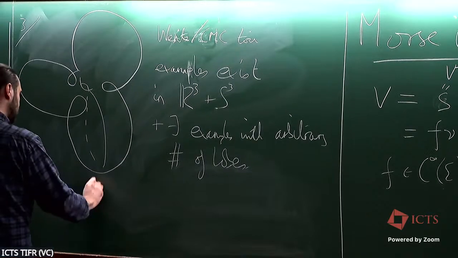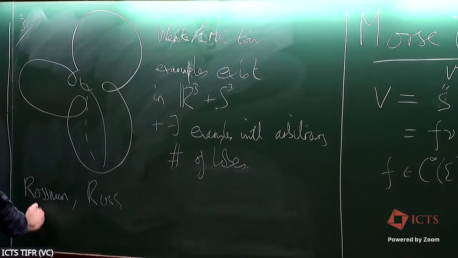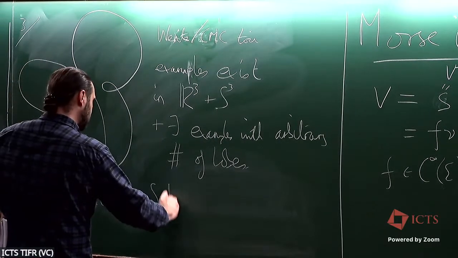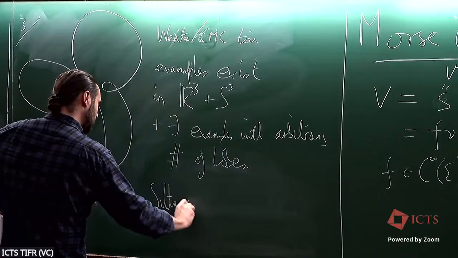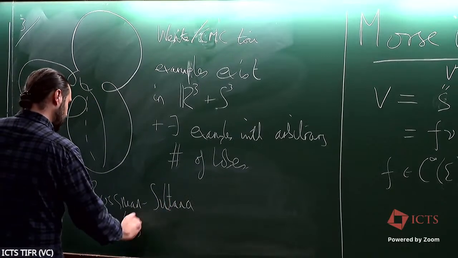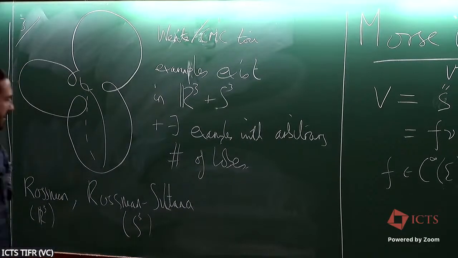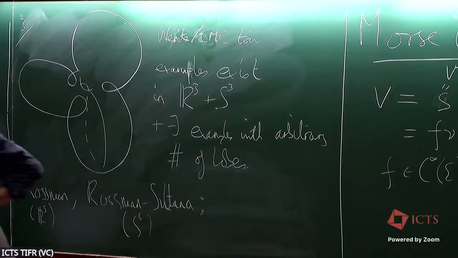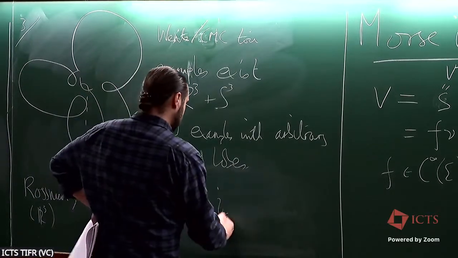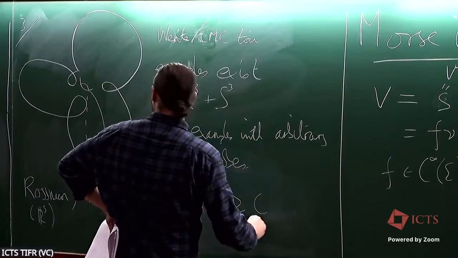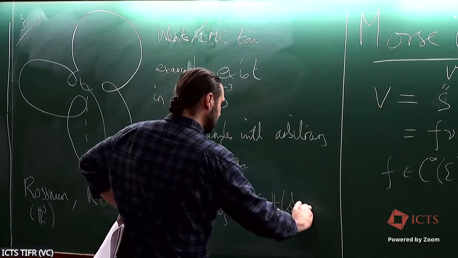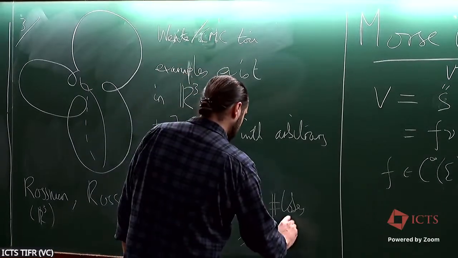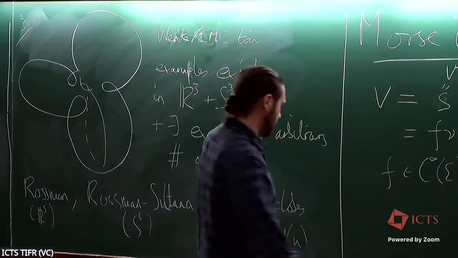and Rossman for Wente tori in R3, and Rossman and Sultana for the CMC tori in S3, proved that the same is true. The strong index is bounded from below by some constant times the number of lobes, which I want you to think of as being some constant times the Willmore energy of u.